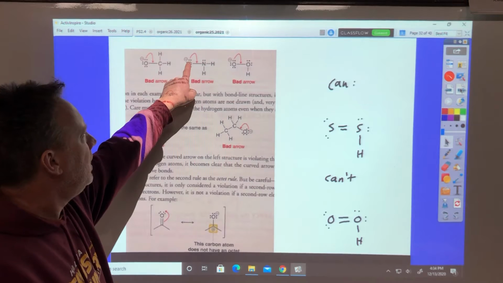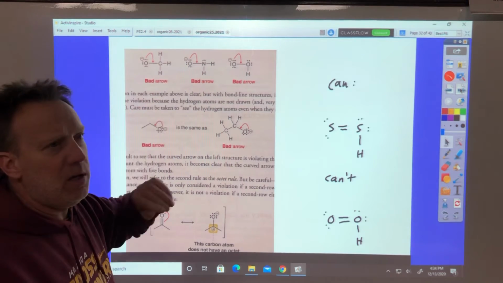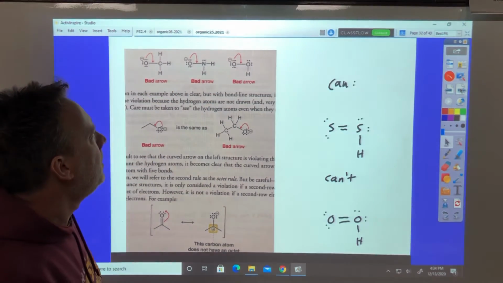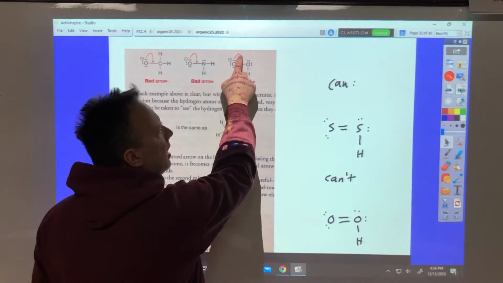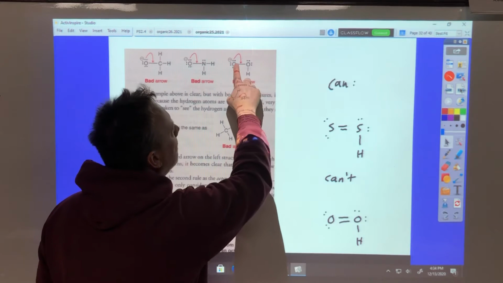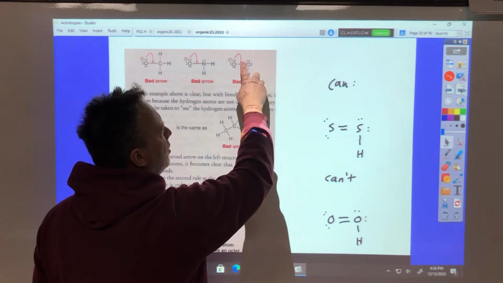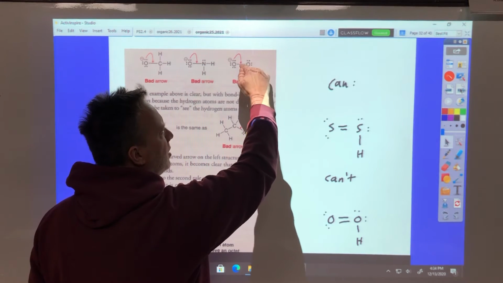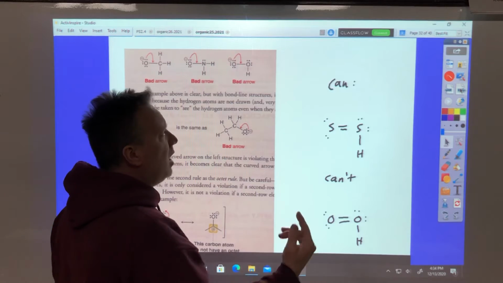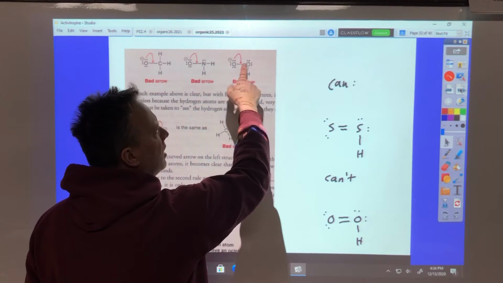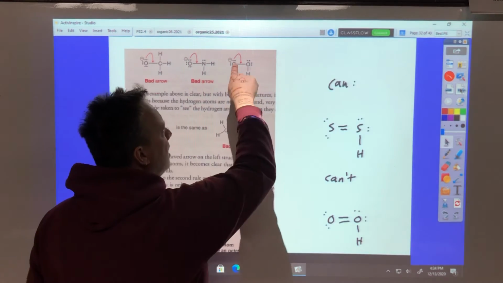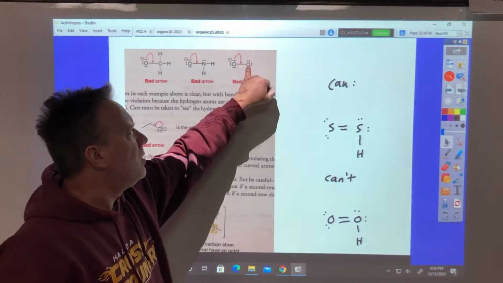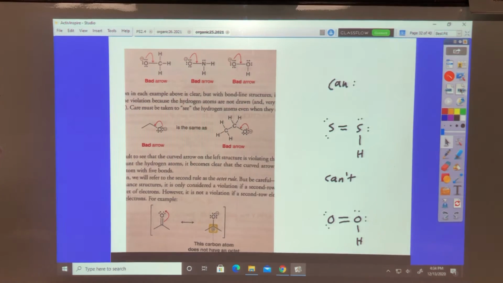I can't put a lone pair in here and make another double bond because that'd be too many electrons around nitrogen. I can't move this arrow in here because then oxygen, in terms of shared pairs, has 2, 4, and those are shared, so it's got access to 8. If I try to put another lone pair in there, I'd have too many electrons around that oxygen. It's not going to work.